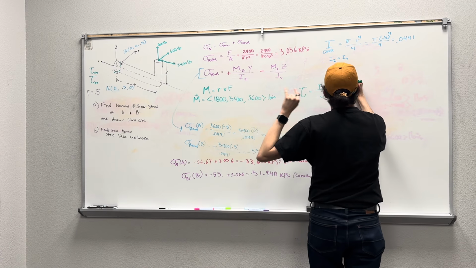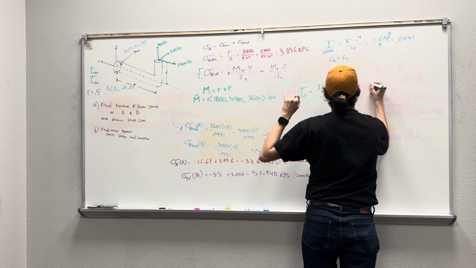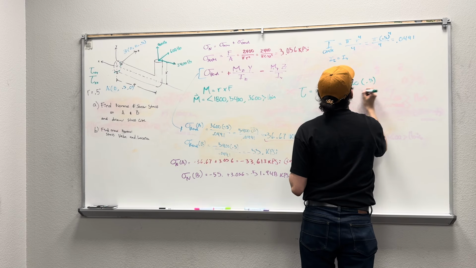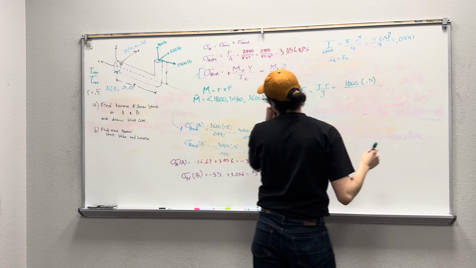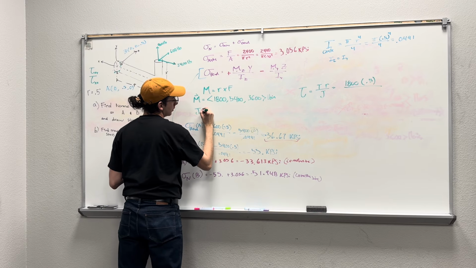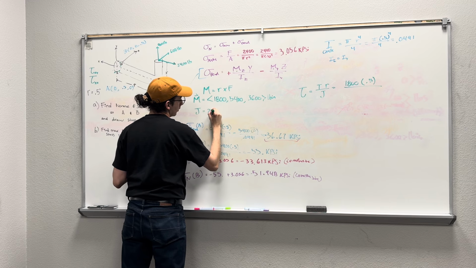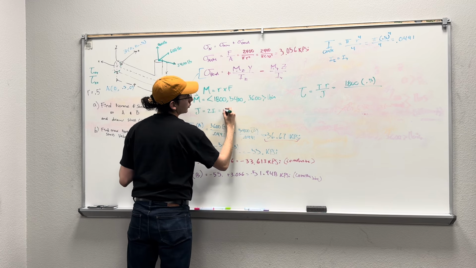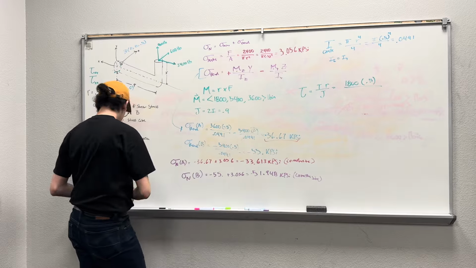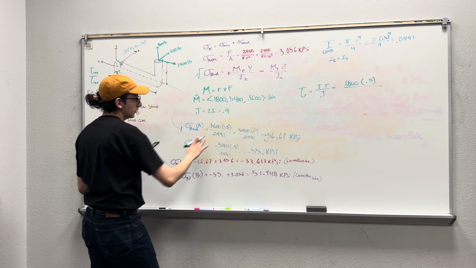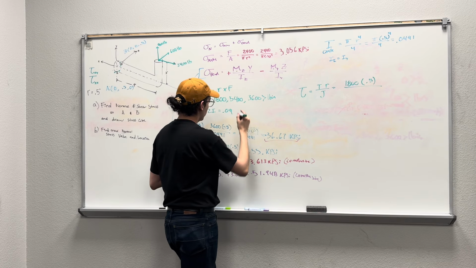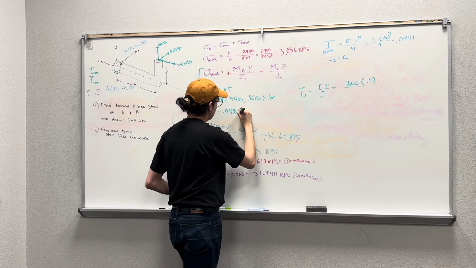So we're going to get 1800 times R, which is going to be 0.5, divided by J, which is double of I in circular cases, so 0.09817.